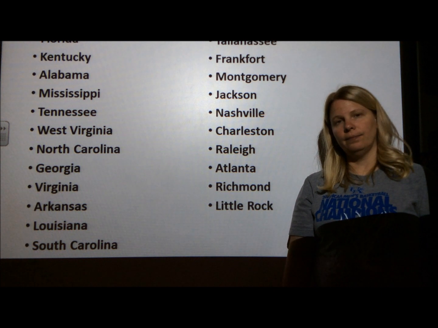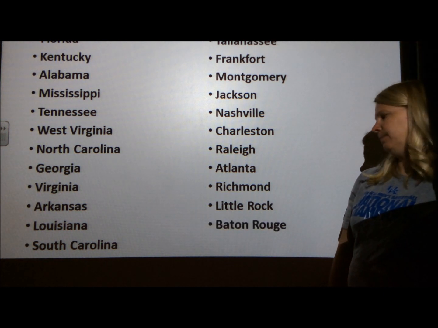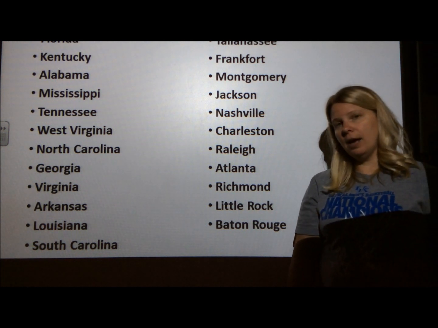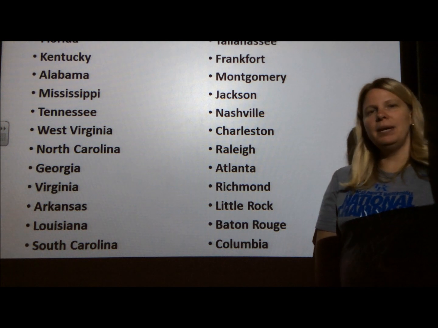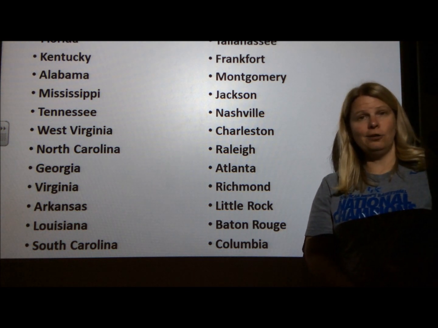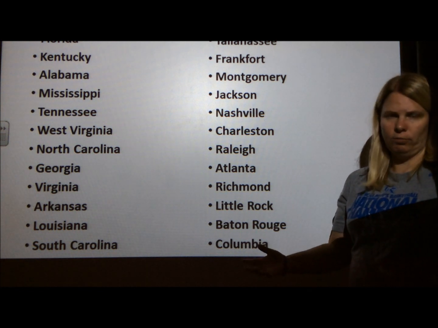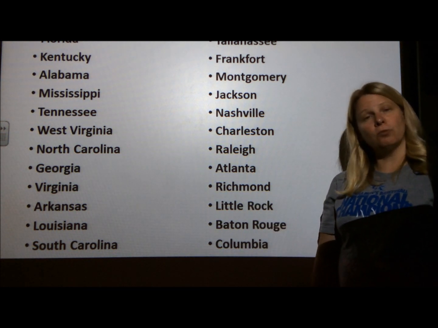Louisiana. Baton Rouge. Baton Rouge, Louisiana. South Carolina. Columbia. Columbia, South Carolina. Now, if you go to Myrtle Beach, sometimes you drive through Columbia if you go that way. But these are the states and capitals for the Southeast region.